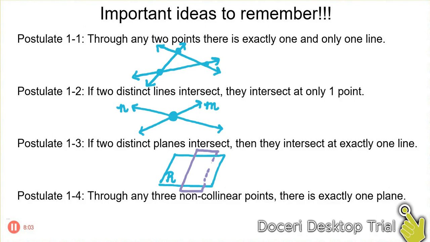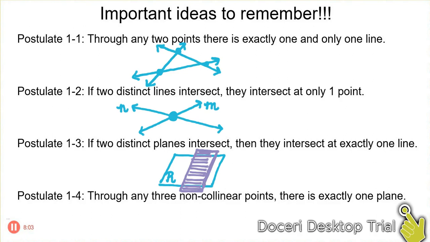Those 2 planes actually intersect at a line, and I will demonstrate this in class because this one's a little harder to visualize, but they actually intersect in a single line. So different from your lines intersecting, when your planes intersect, they actually have multiple points in common, and where those 2 planes meet, they intersect at a line.